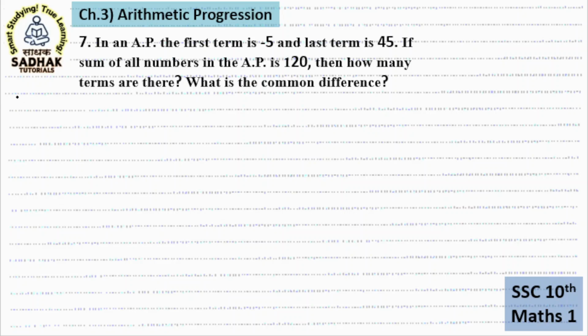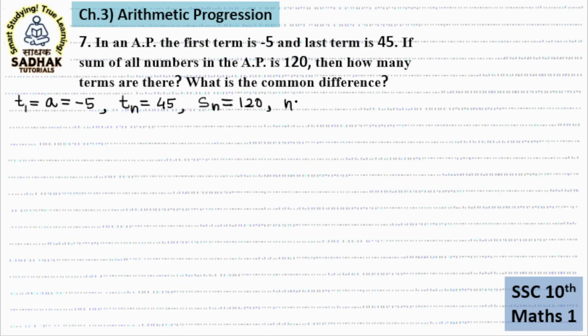So the first term, that is T1, which is also equal to a, is minus 5. Then the last term will be Tn. We don't know the value of n, so we just write Tn is equal to 45. Then they are saying that the sum of all the numbers, that is Sn, in that AP is 120.